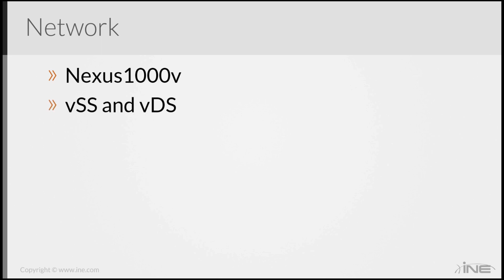Some of the networking capabilities available to you include the Nexus 1000V, the vSphere standard and vSphere distributed switches. You also can run NSX, and I've had extensive experience with both the CSR 1000V and the ASAv. If you're not familiar with the Nexus 1000V or the VSS, that's okay.